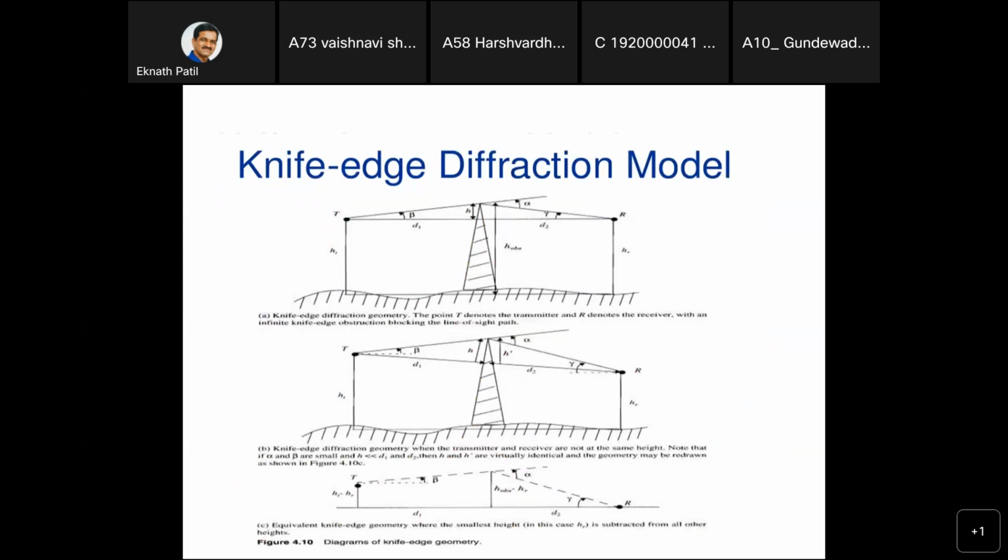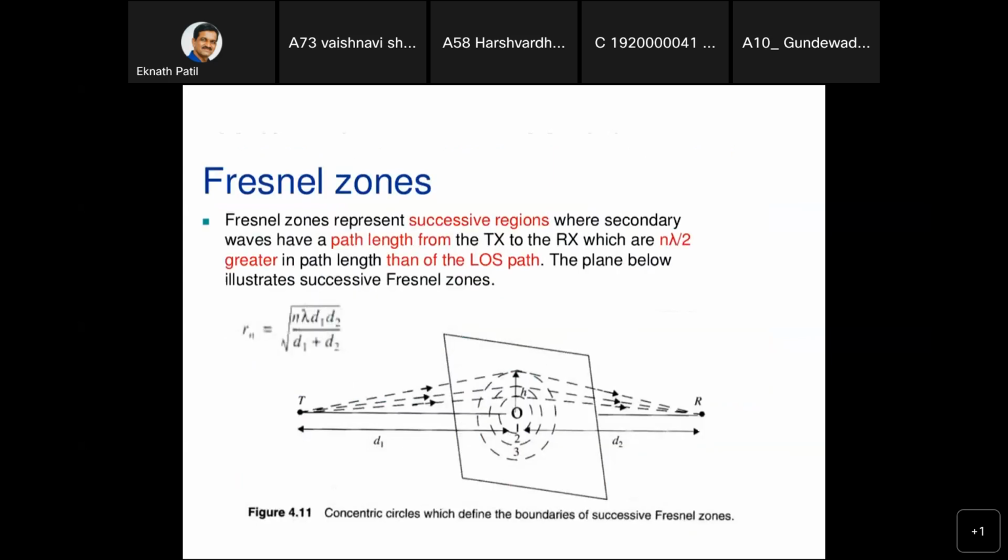There is not much difference from the space wave communication, whatever ground reflection model we have calculated. So it is only an extension, and it is very simple. Alpha, beta, and gamma we have to calculate, and from this we put all the values and calculate the losses in case of the knife edge diffraction model.